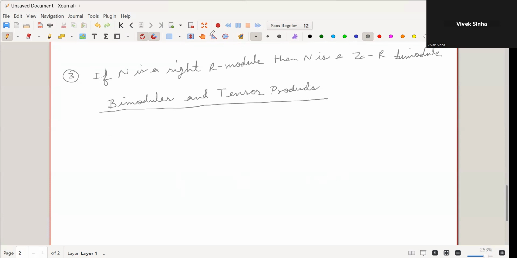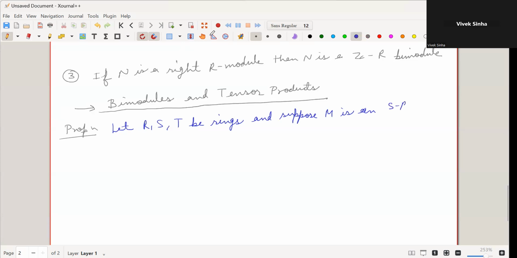So now what is this? For that you have a proposition which says: let R, S, T be rings, and suppose M is an SR bimodule.